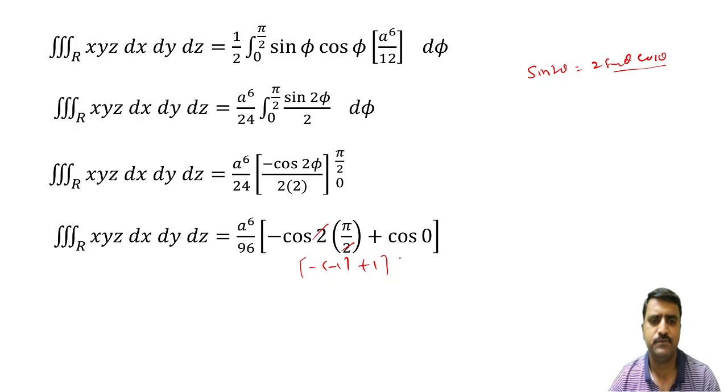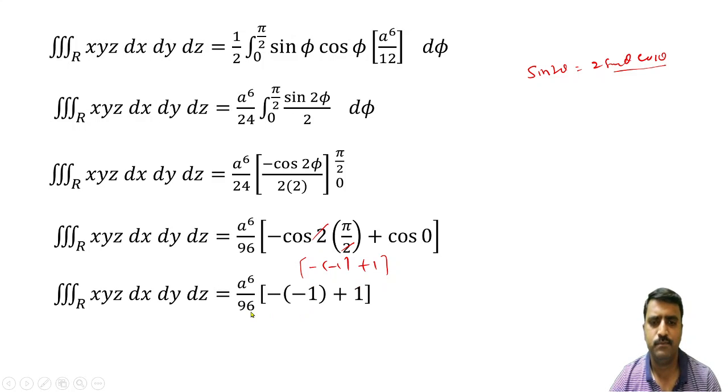Minus of minus 1 plus 1 becomes 2, so it is a to the power 6 by 96 into 2, which is a to the 6 by 2 by 96. If you cancel the 2 and 96, remaining is 48 in the denominator. So this is the value of that triple integral.